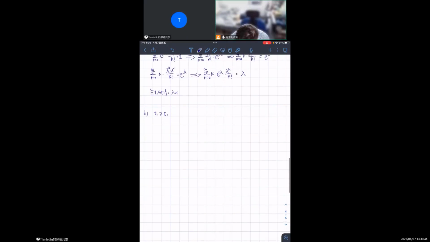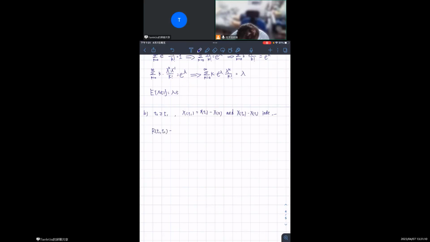We will have x_t1 equal to x_t1 minus x_0, and x_t2 minus x_t1 are independent, right?